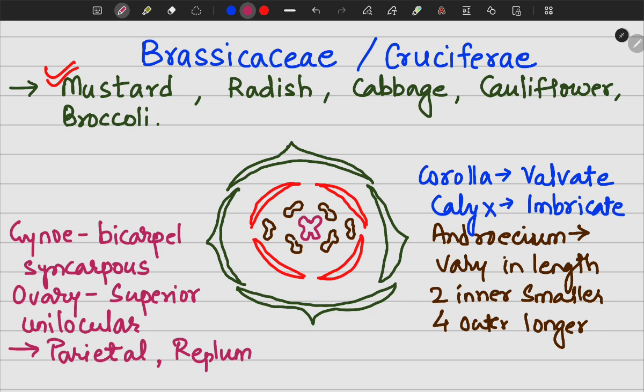This kind of condition is also seen in the mustard flower. Alright, so this was about the gynoecium, and we have described all the floral characters of the mustard flower.